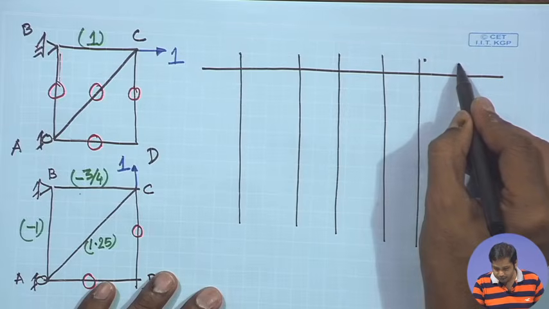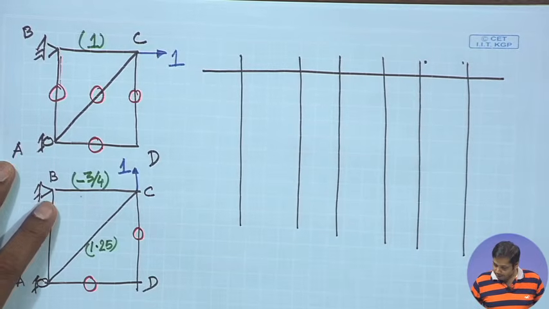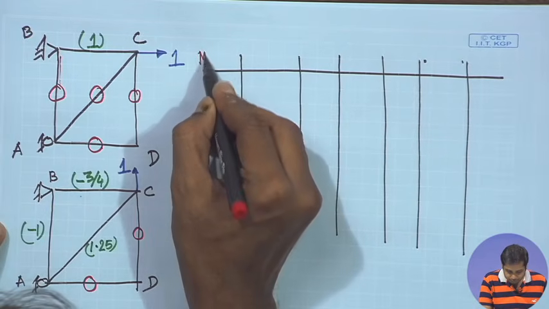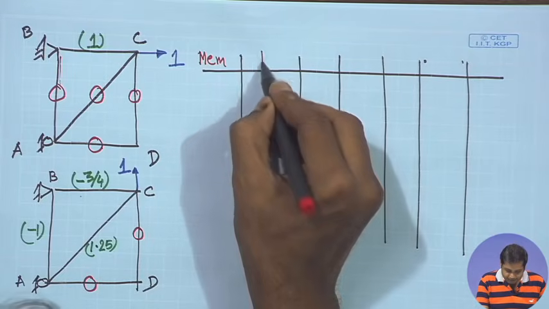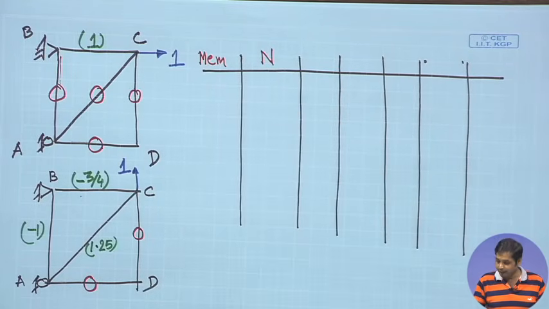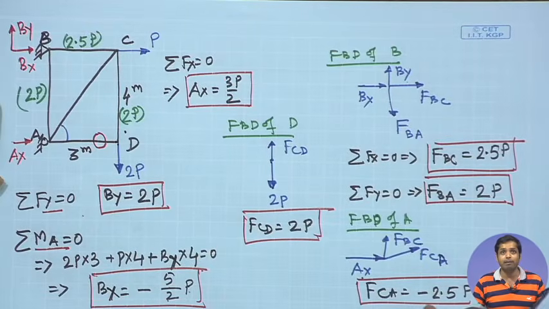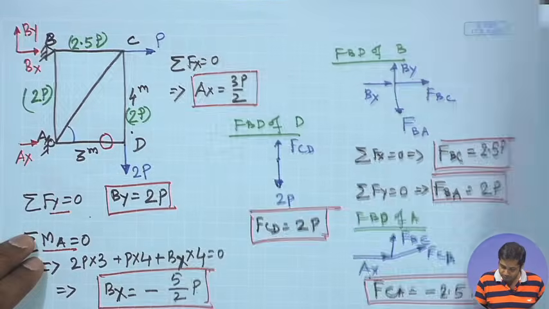Okay, let us write it. This is member, and this is N. What is N? These are the member forces due to the external load on the structure, okay.